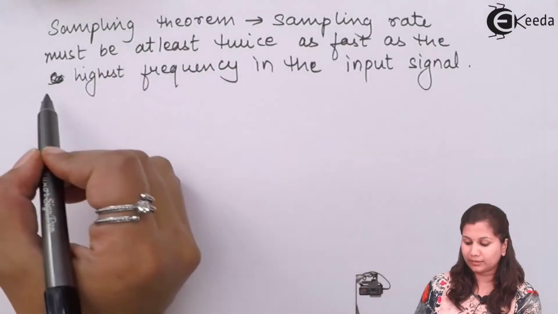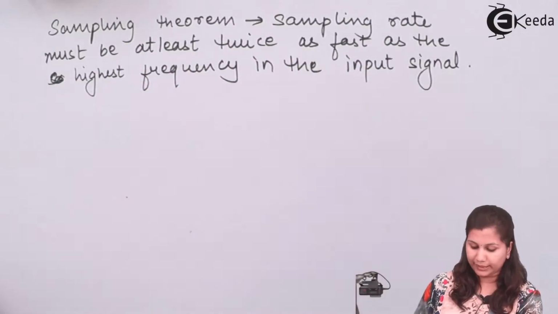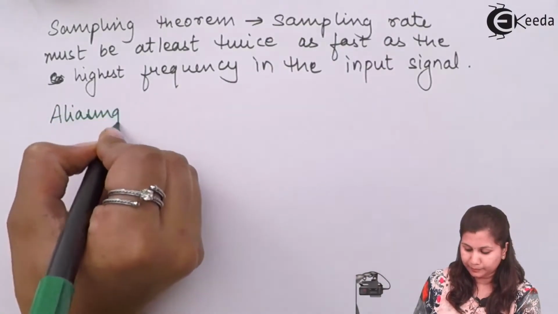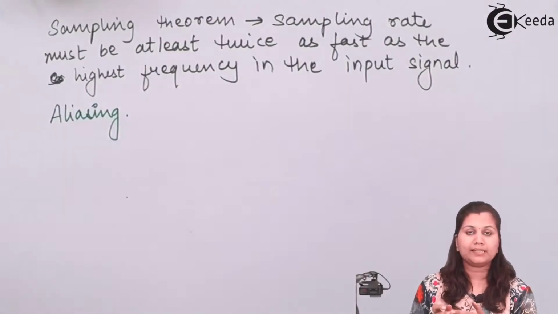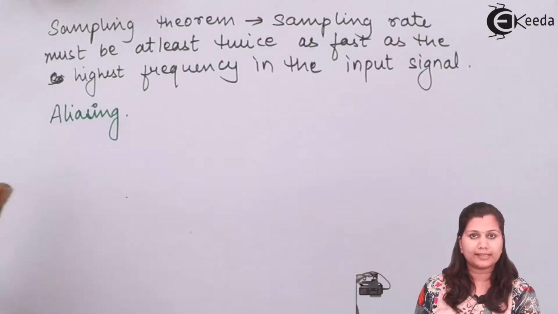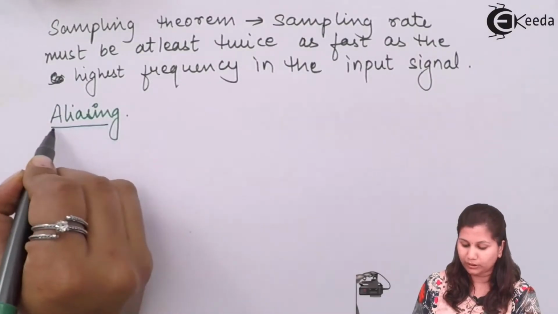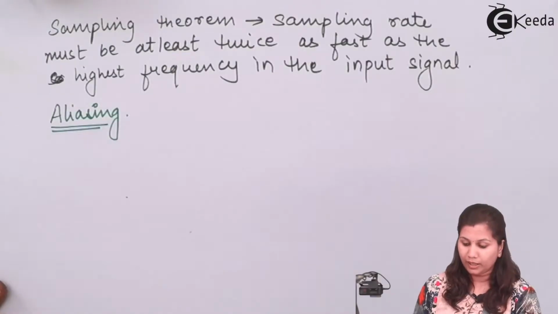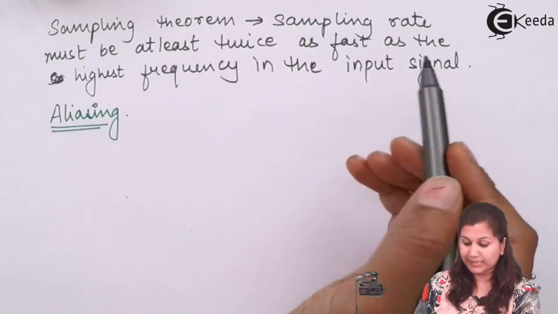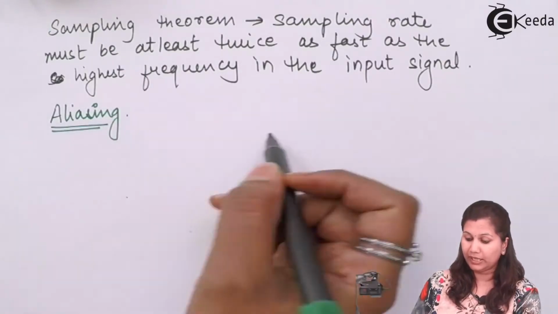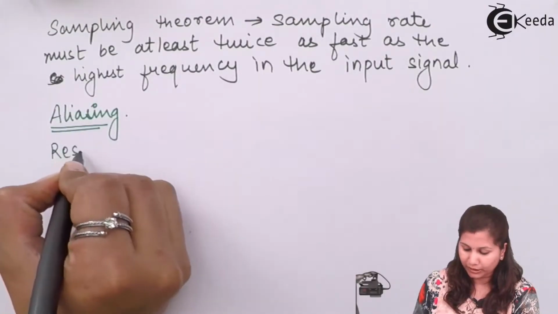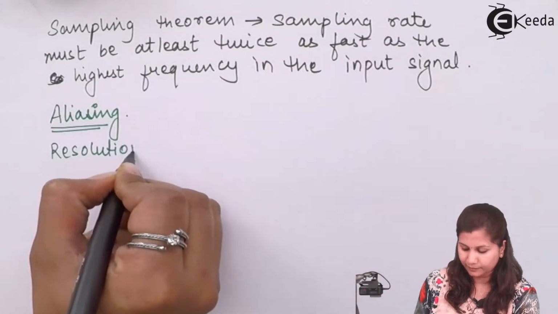Now when this condition is not satisfied, an effect called aliasing occurs in the signal. It means that the analog signal is not properly converted into a digital signal, and this effect is called aliasing. Now if we want the sampling rate to be at least twice as fast as the highest frequency, and this condition is satisfied, then the resolution of the A to D converter is decreased.